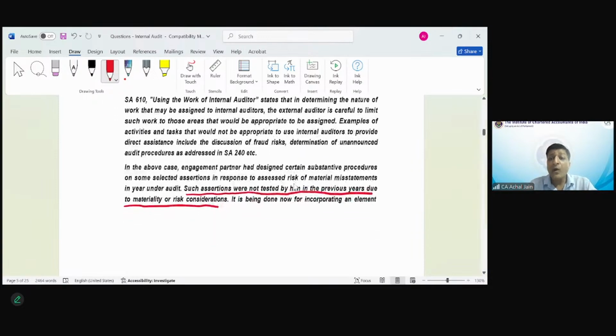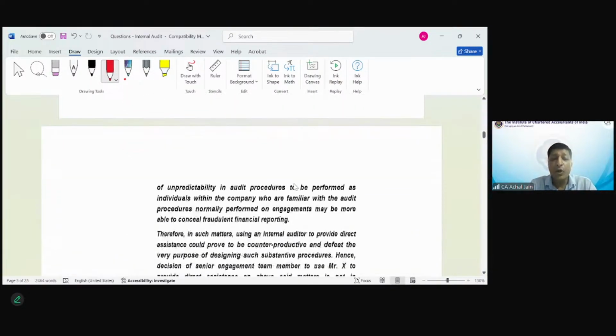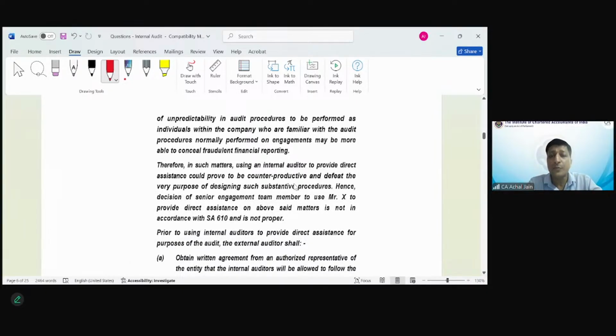It is being done now for incorporating an element of unpredictability in the audit procedures to be performed, as individuals within the company who are familiar with the audit procedures normally performed on engagements may be more able to conceal fraudulent financial reporting. So it's a good step to bring in an element of surprise, something which was not done in the previous year, now he's planning to do. So that people do not think the auditor will come and perform the same procedure over and over a period of time. That's how the opportunity for committing fraud may also be created.